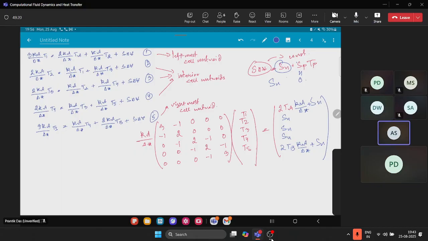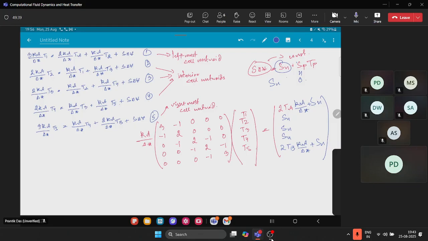Yes, sir. So I think you are familiar with MATLAB coding. I was thinking that today we can do one coding, which is this heat conduction problem itself.